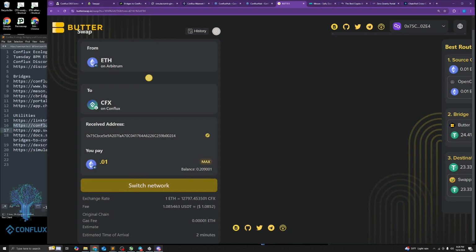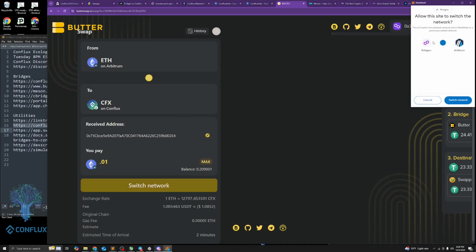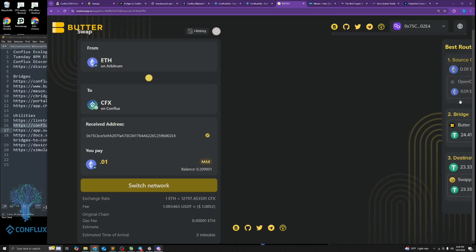So I got 0.01, or I got 0.02, okay, and I want to pay 0.01. In this particular case, I'm doing this because I want to go straight to CFX, because I'm pretending I don't have any CFX in my wallet. I'm paying $1 and the gas fee is not there. So let's switch network to Arbitrum.